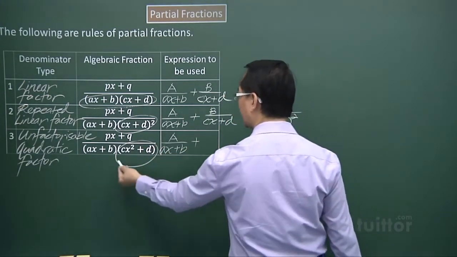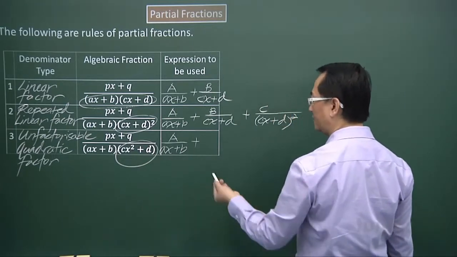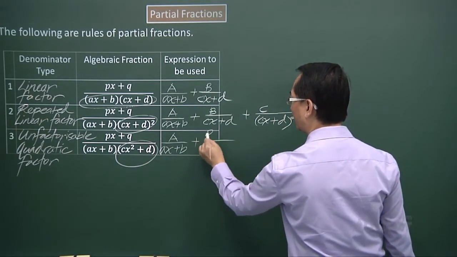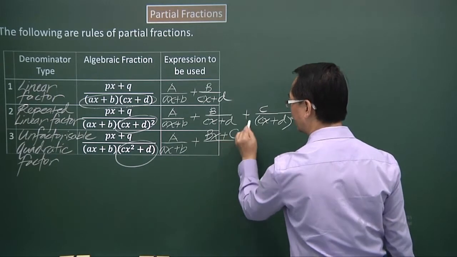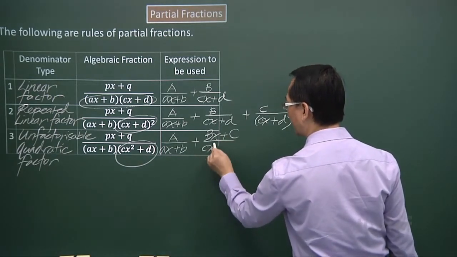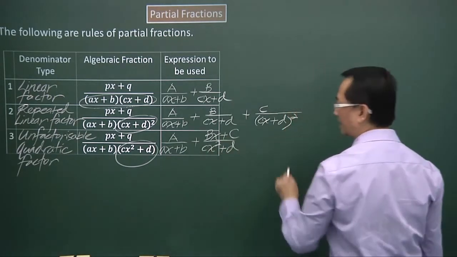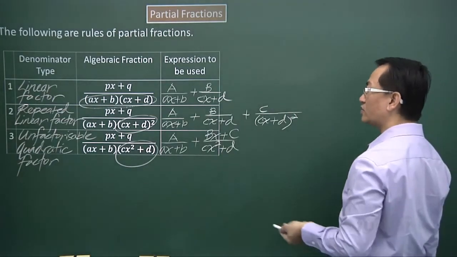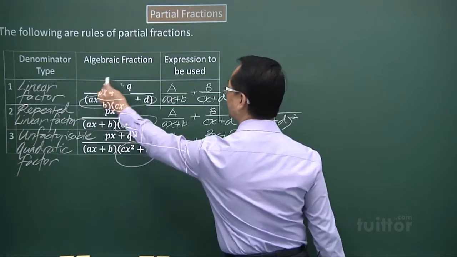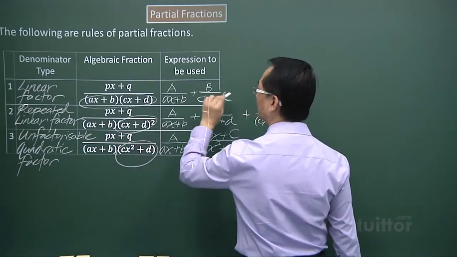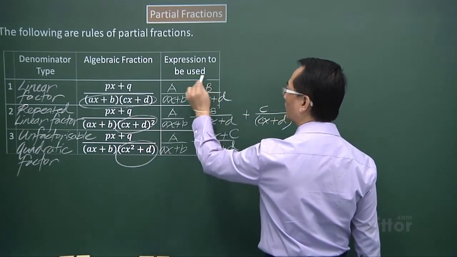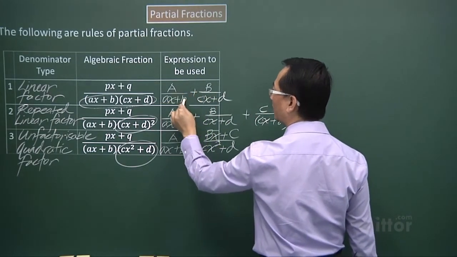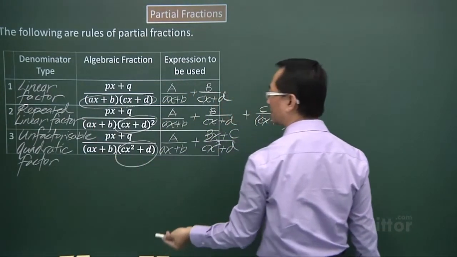Then for this quadratic factor, I have bx plus c over cx squared plus d. So the form that we can use to split up this algebraic fraction for the linear factors will be just a constant over the linear factor.